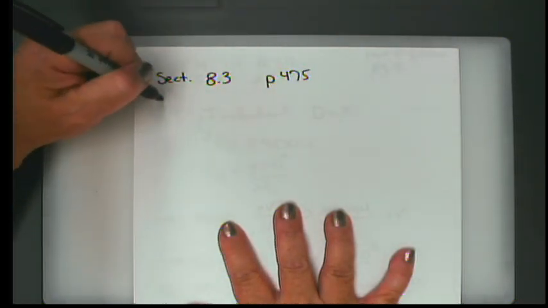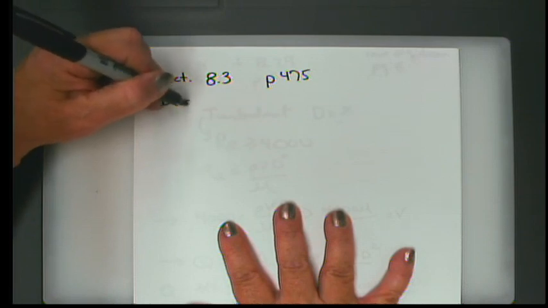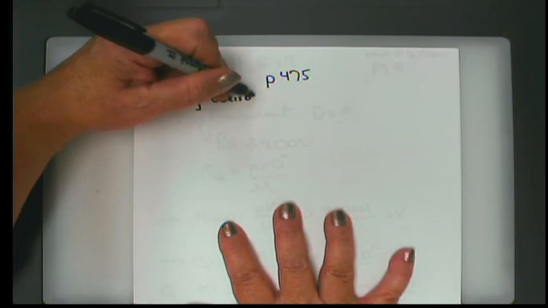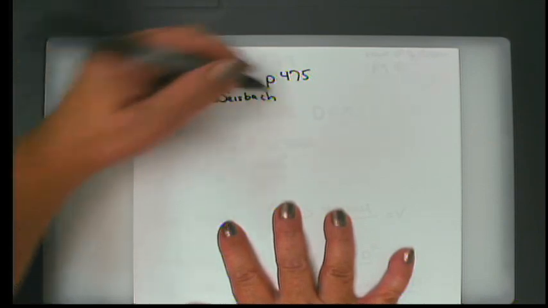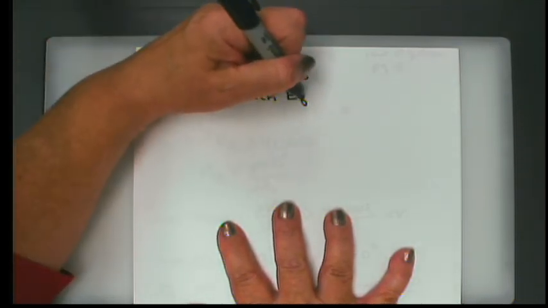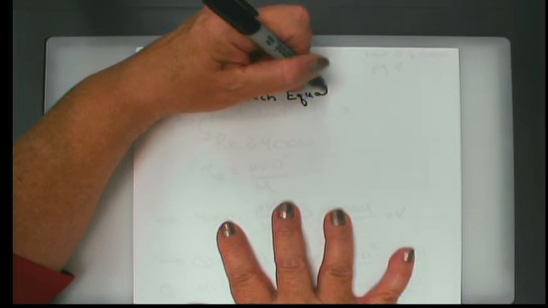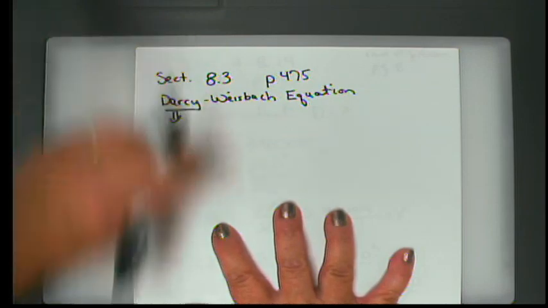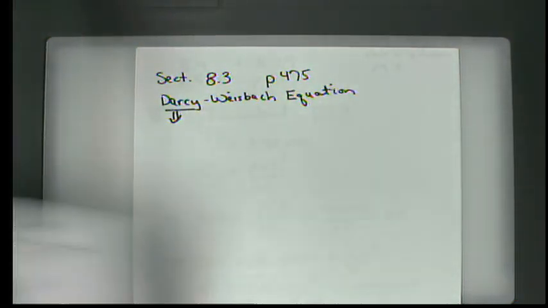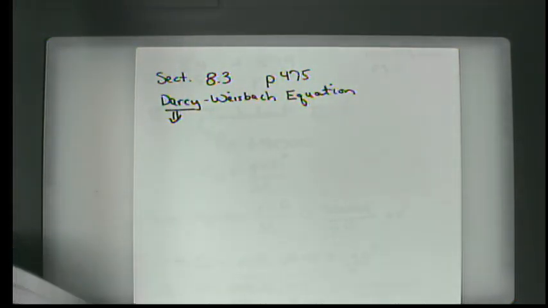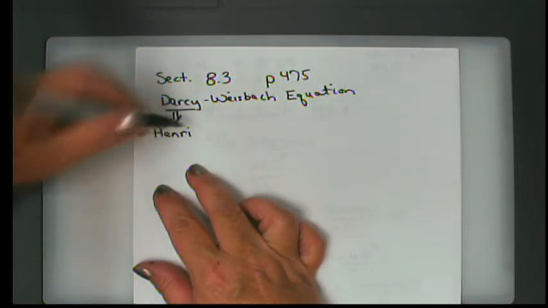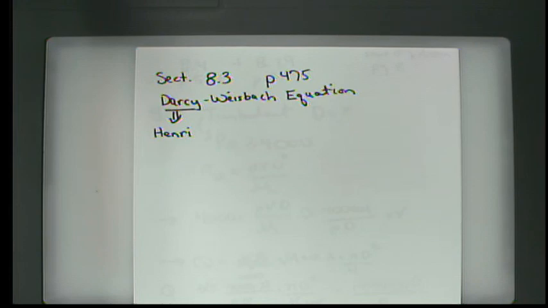The equation that I'd like you to reference is a very famous and widely used fluid dynamics equation called the Darcy-Weisbach equation. And Darcy is a French civil engineer whose first name was Henri, or Henry, as most of us would say.